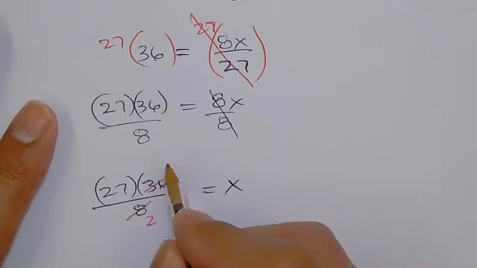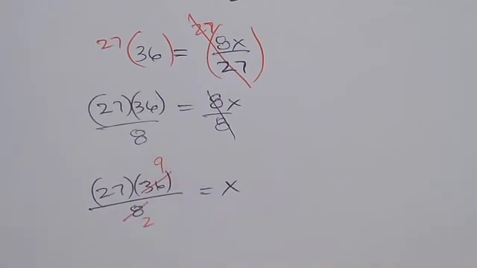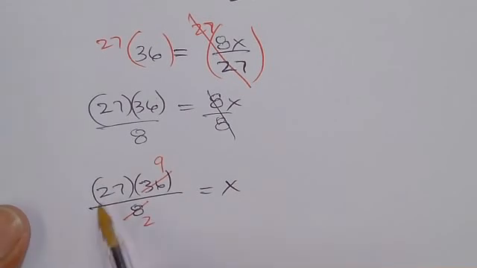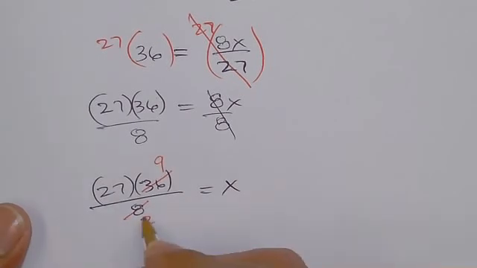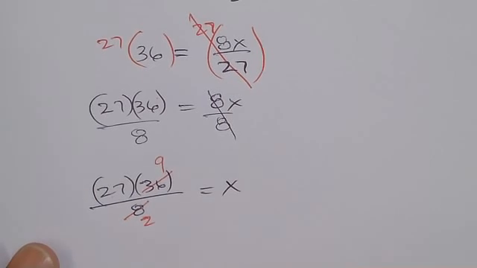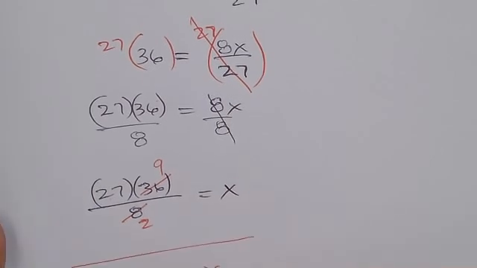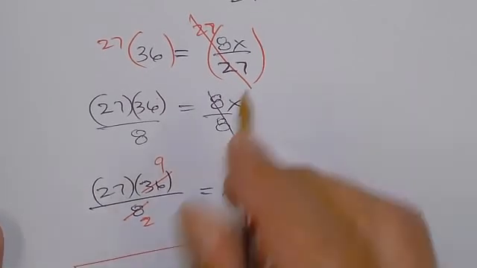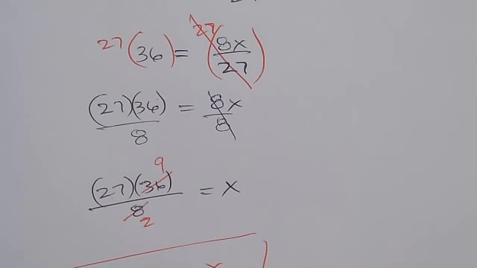Isn't it true that 4 goes into 8 and 4 goes into 36? Yeah. So 4 goes into 8 2 times, 4 goes into 36 9 times. And then you see if there's any more things that can cancel or reduce. Nothing's going to happen. So 27 times 9 divided by 2, that's your answer, right?